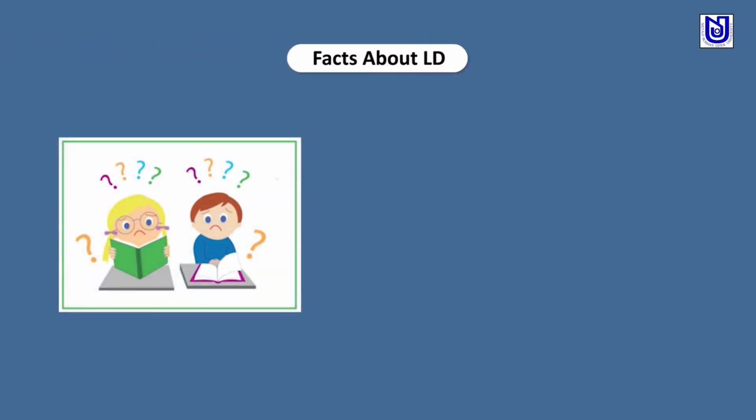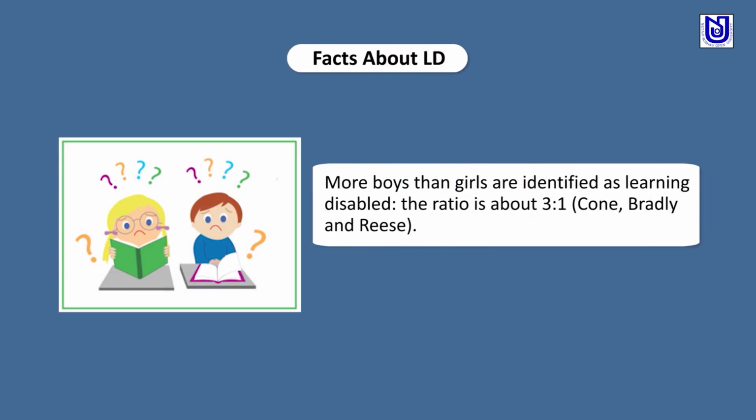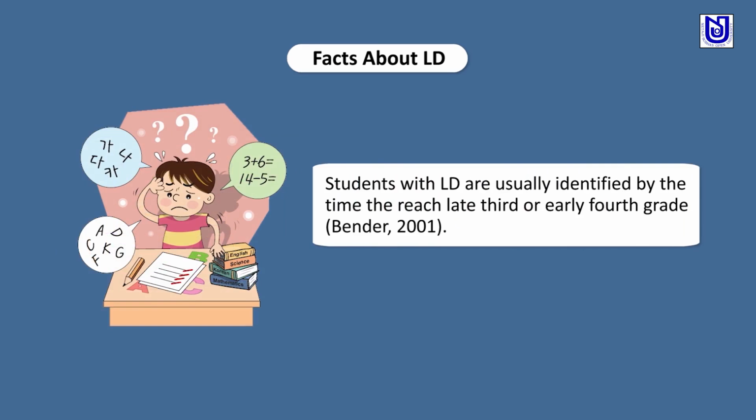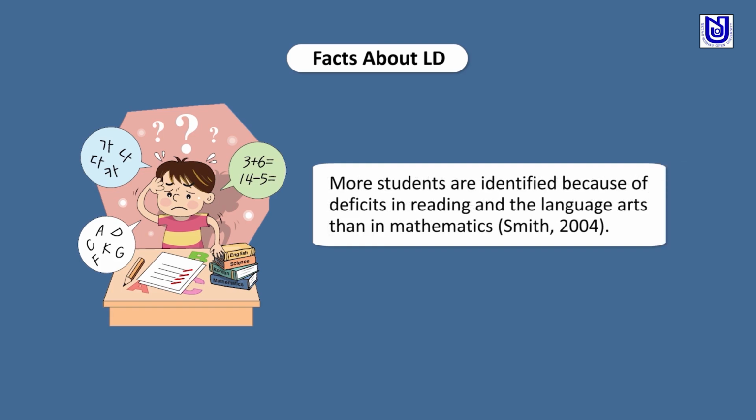Now some facts on LD, like more boys than girls are identified as learning disabled. The ratio is about 3:1. Students with learning disability are usually identified by the time they reach late 3rd or early 4th grade. More students are identified because of deficit in reading and the language arts than in mathematics.